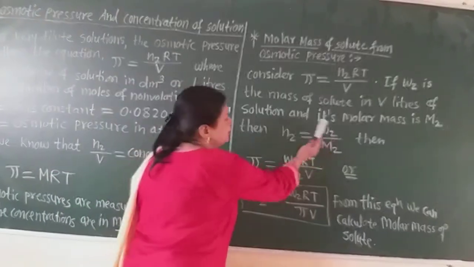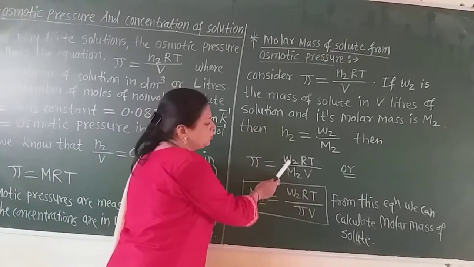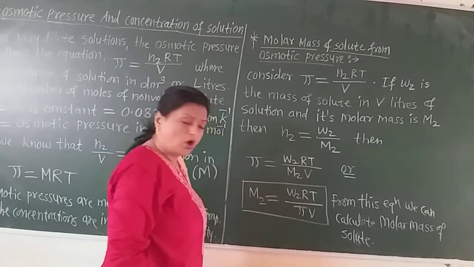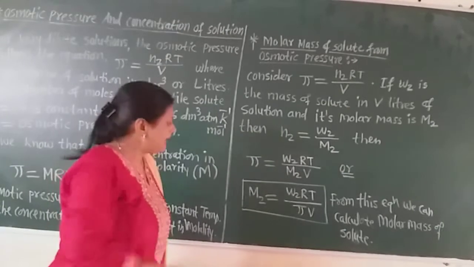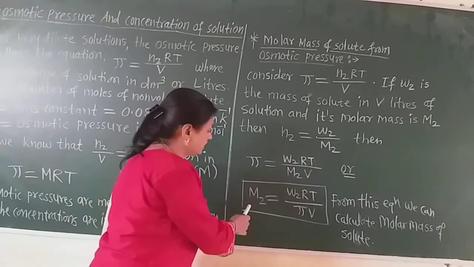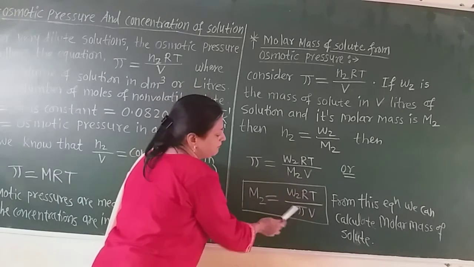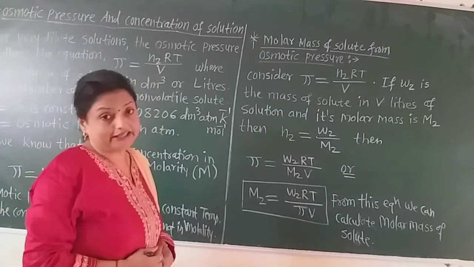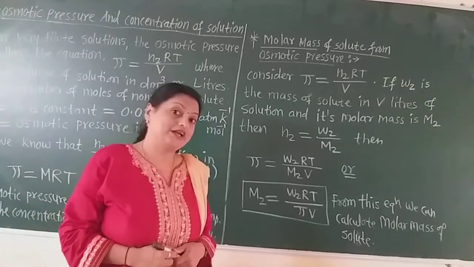Now substitute this value of N2 in this equation, then we obtain pi is equal to W2 divided by M2, RT divided by V. Or if we have to calculate the molar mass, then take only M2 and the osmotic pressure pi goes to the denominator, and in this way M2 is equal to W2 RT divided by pi V. Now this is the equation, M2 is equal to W2 RT divided by pi V. From this equation, we can calculate the molar mass of the non-volatile solute.